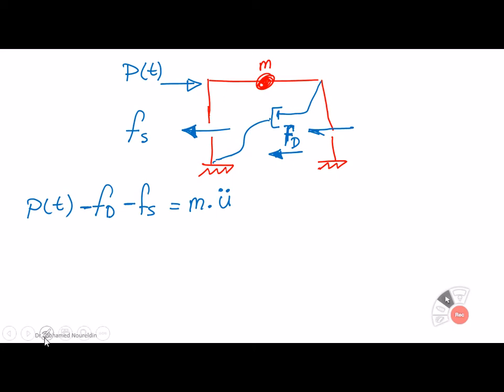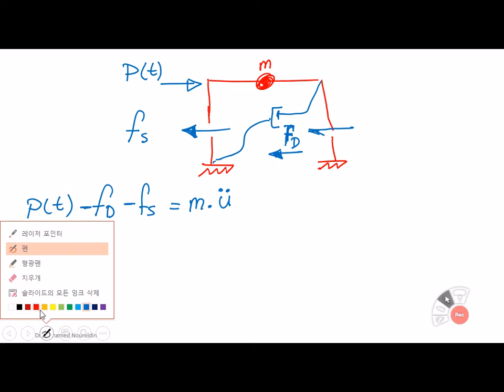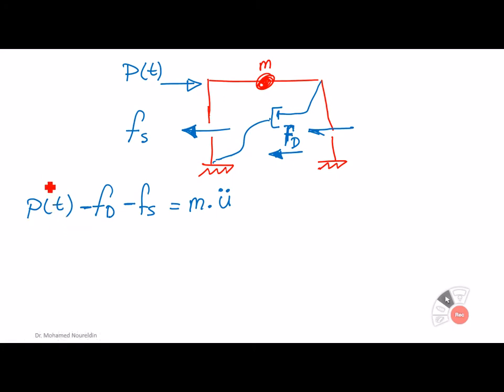Again, in order not to lose what we were talking about: P of t is the dynamic force that is being applied. Fd is the damping force, right? From where, as we mentioned before, the structure damping.